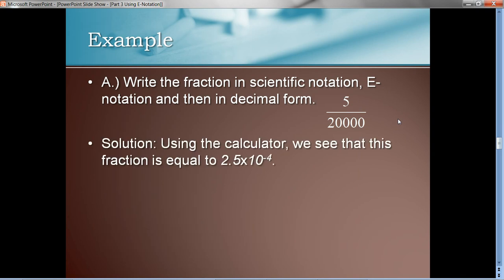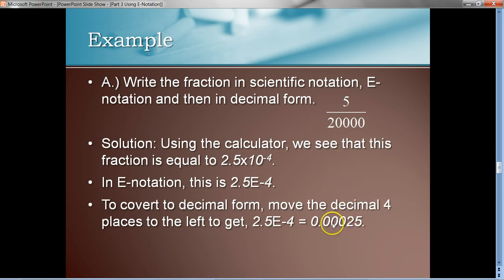Then in decimal form, we take the decimal and move it 4 places to the left, 1, 2, 3, 4, in our mind.